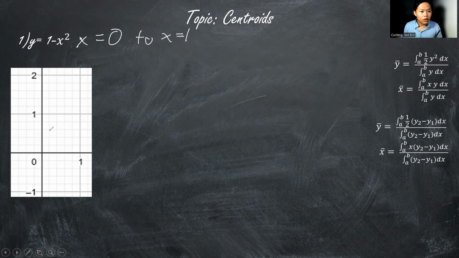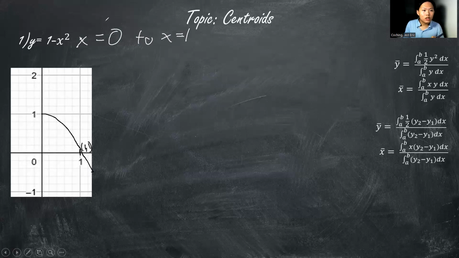If we graph this, it's going to look something like this, where this is 1, 0 and this is 0, 1.